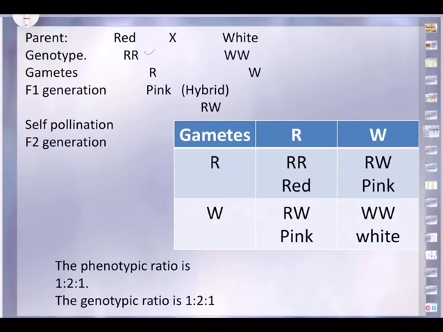So parental generation, red flower you have taken and crossed with white flower. And the seeds, of course, you will not cross the flower as such, but the seeds. The genotype is capital R capital R, and here instead of WW you can take, as I said, small r small r. If you take WW, there may be confusion. So you better take small r.